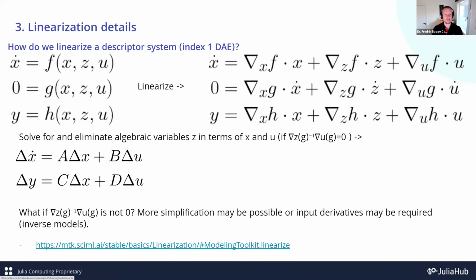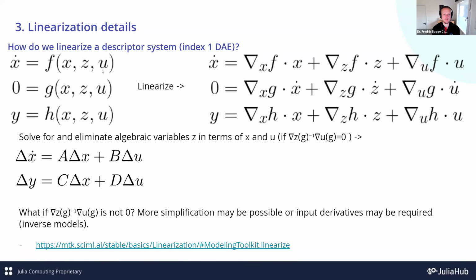So far in this webinar we have been concerned with differential equations, differential equation systems on state space form. If we look at the equation in the top left here, we have such a differential equation where x dot, the time derivative of x, is a function f of the differential state x, an algebraic variable z, and the control input u.